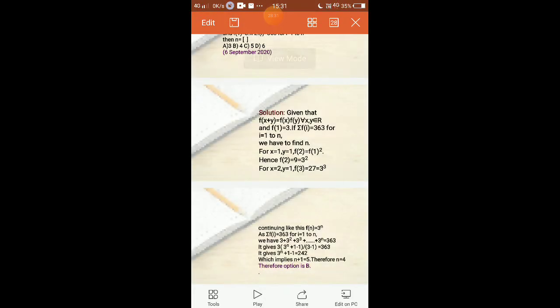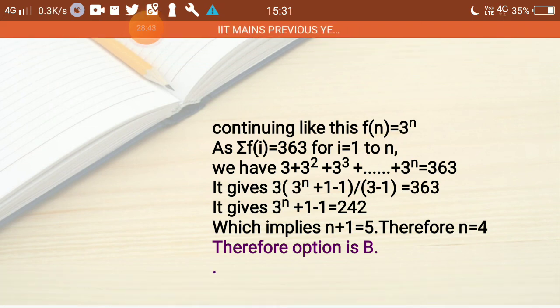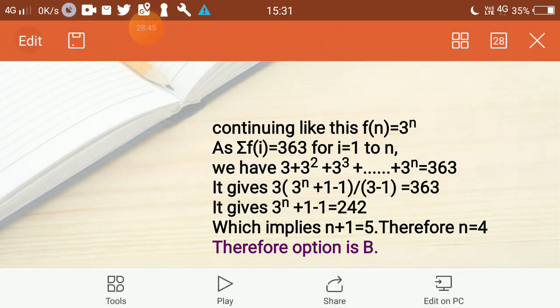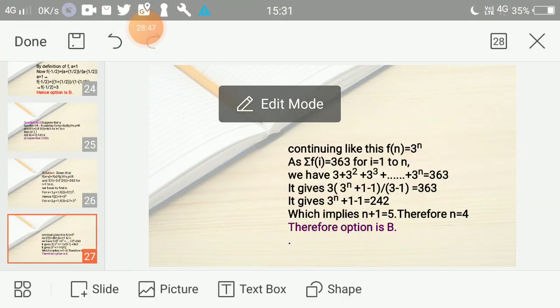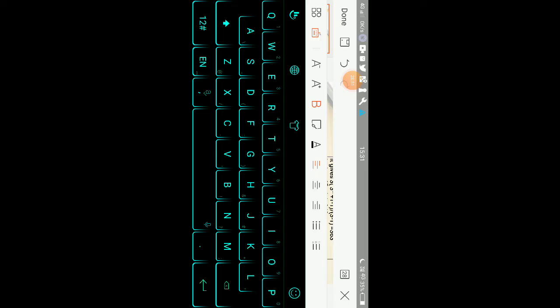There are n terms only here, 3 to 3 power n. Yeah, 3 to 3 power n terms only. Okay, so the previous one is only correct. Okay, no problem.